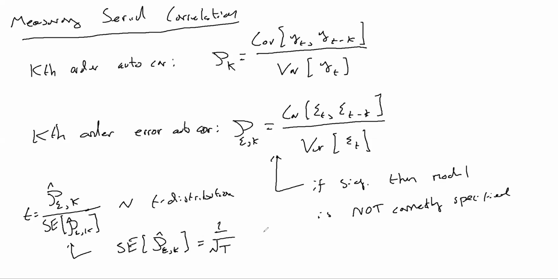That T here is going to be the number of observations if you're using the empirical formulas. And from this, now you can test for statistical significance, and have one measure to see whether or not your model may be correctly specified.